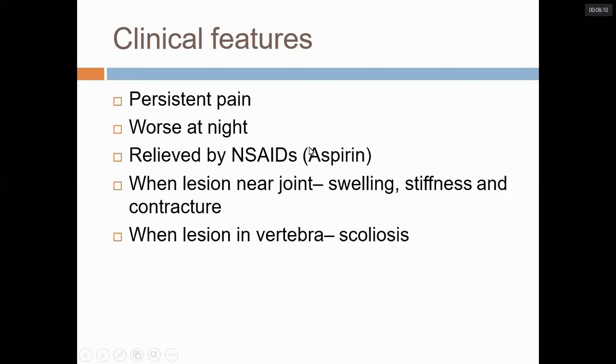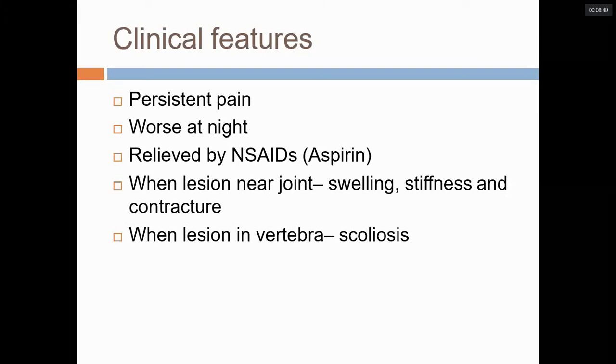But some journals have cited that in osteoid osteoma there is production of prostaglandin E, which is mediated by cyclooxygenase 2. So NSAIDs like aspirin inhibit cyclooxygenase 2, and thus cause relief in the pain, especially at night.